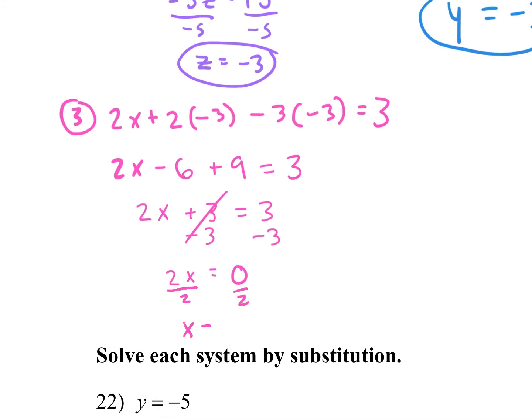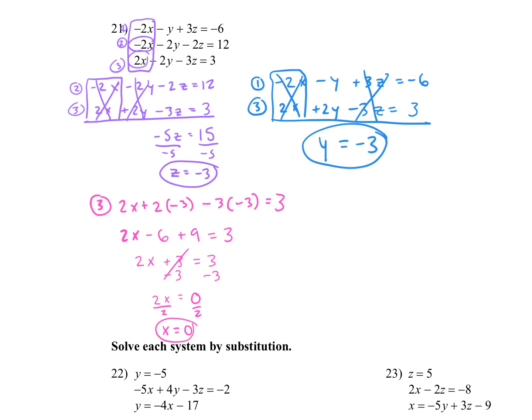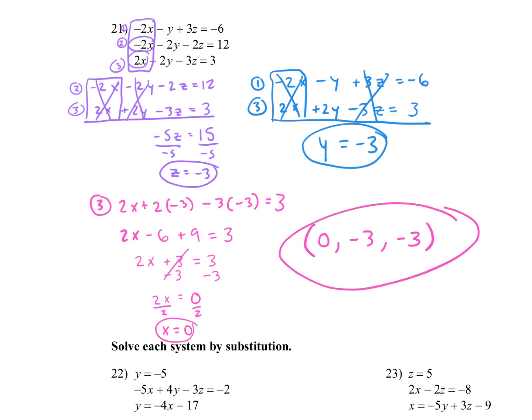What is 0 divided by 2? 0. So x is equal to 0. How do I write my answer? Awesome. 0, negative 3, negative 3. Any questions here? Super.